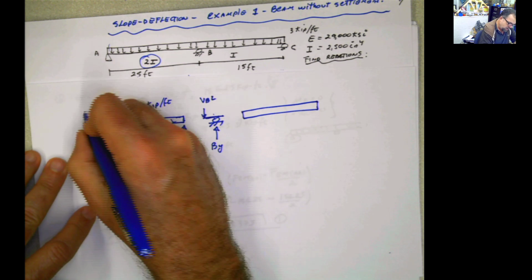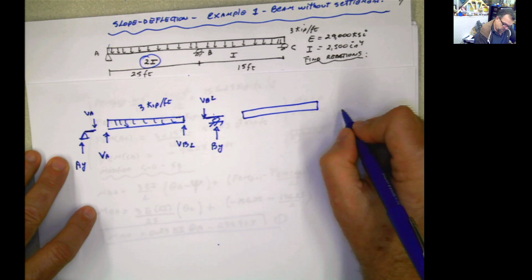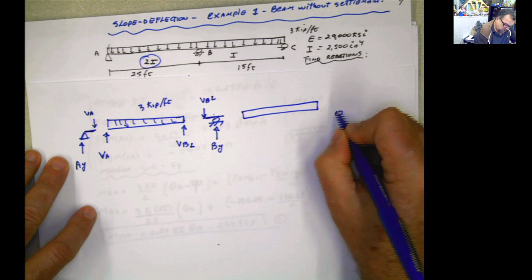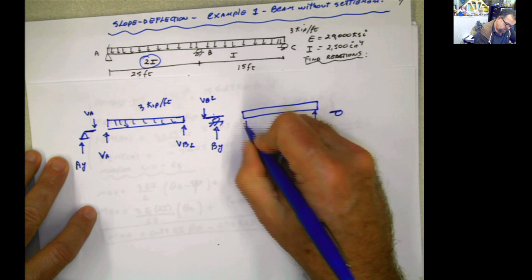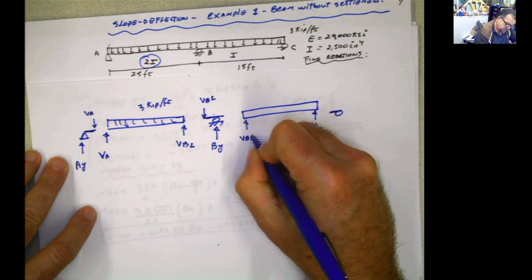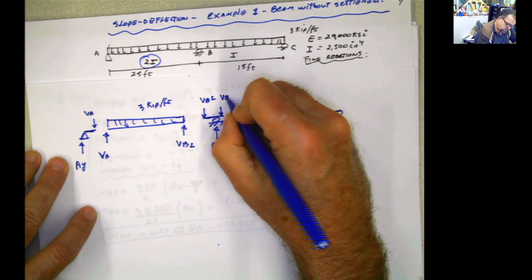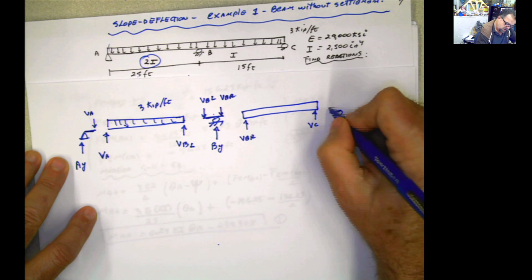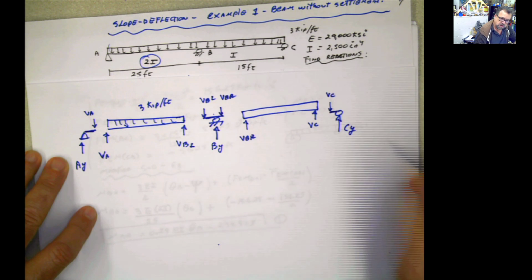This is going to be AY. When you go to this end, you're going to have the little support here also. So you're going to have this VB to the right, which is going to be transmitted here, and this one here will be transmitted here, which is in turn the reaction in Y.